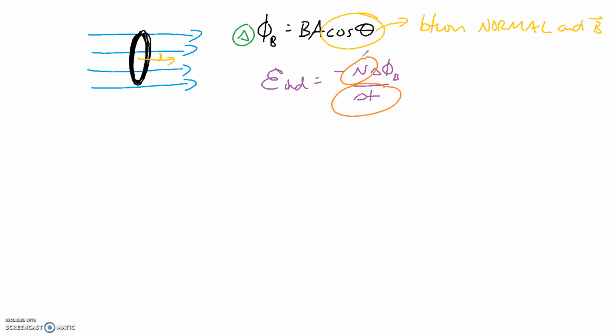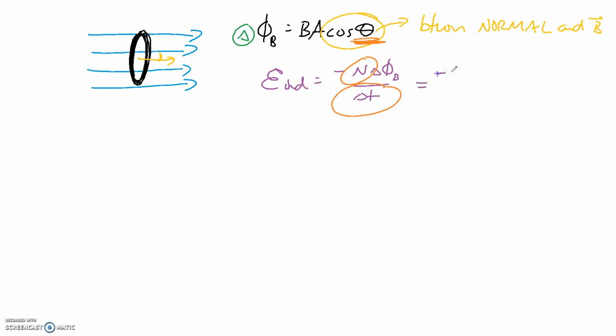Now, of all the things you can change, probably the easiest thing to change would be the angle. And that's why in generators, they have it spinning all the time. So when they're spinning, the B can stay the same, the A can stay the same, but the theta is consistently changing, so you have a continually changing EMF and producing electricity for you to actually use. Now, it could be other things besides the angle changing.